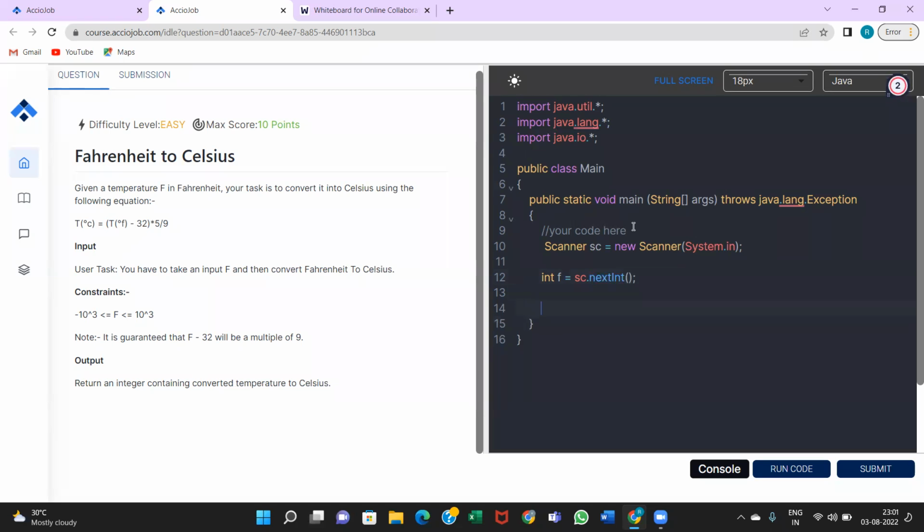Now you have to calculate your answer. So Celsius will be equal to the formula that is given to you: Fahrenheit minus 32, into 5, divided by 9.